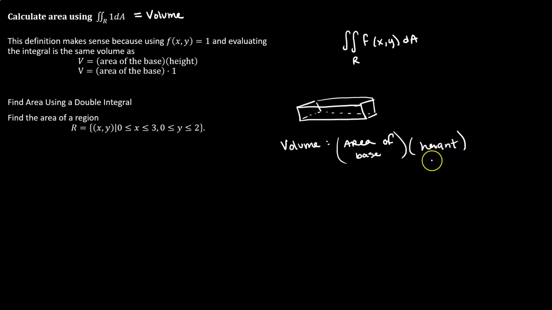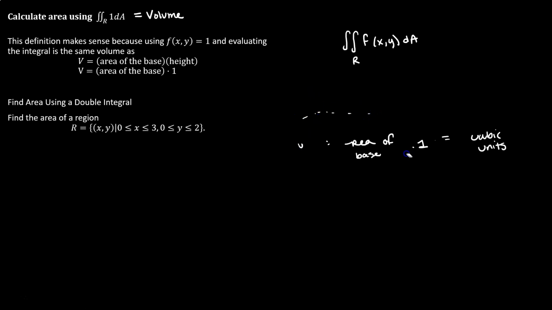But if the height is equal to 1, then you're really just multiplying the area of the base times 1. Now technically it's cubic units, and area is square units, so we're going to fudge it just a little bit. We'll calculate a volume. It's going to have the same numerical value as the area, and we're going to manually adjust the units.